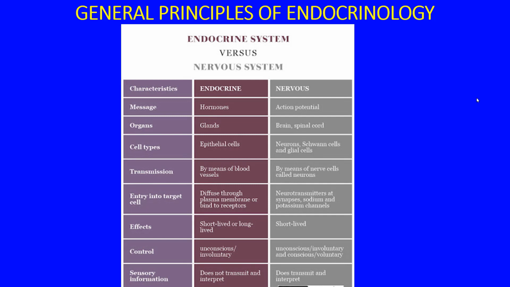Now, with the endocrine system, the transmission of the hormone is going to be by blood vessels. Entry into the target, let's say the target cell, is either going to diffuse through the plasma membrane of that cell, or it's going to bind to receptors. Then we're going to get into eventually how that message is transduced inside the cell, and begins to take effect biochemically in the cell.